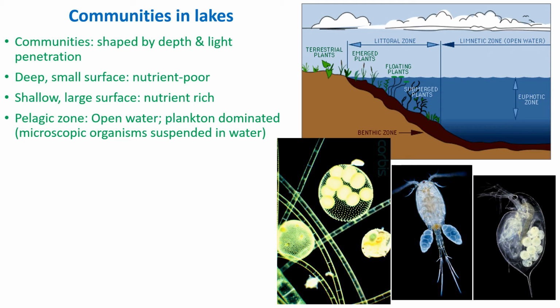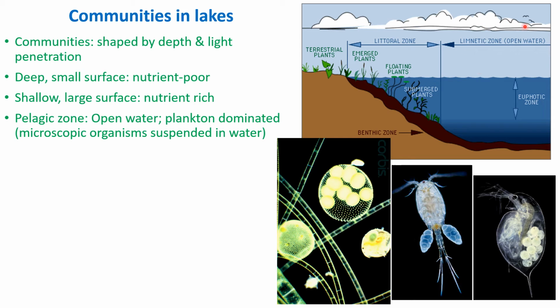What are the different zones of a lake? So first, the pelagic zone. Where is that? The pelagic zone is actually the entire open water habitat, right? As I show you over here with my laser pointer.